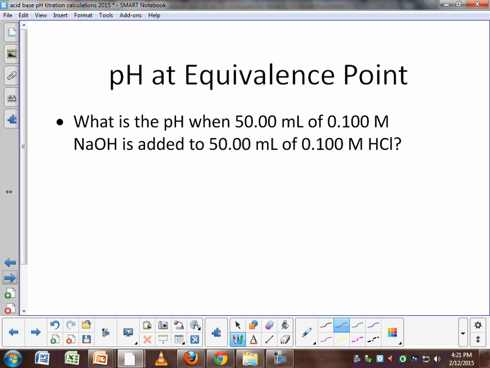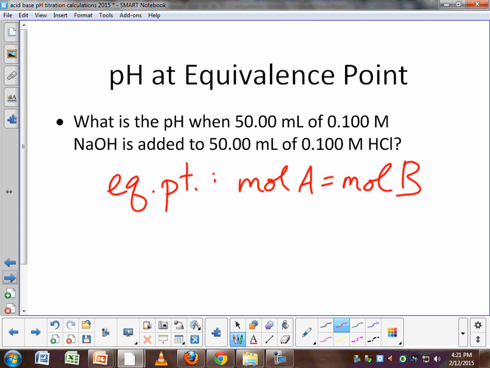Remember, at the equivalence point, your moles acid are equal to your moles base. Hopefully, simply by looking at these numbers, you can tell that we have the same volume and same molarity of both the acid and the base. So if you're plugging those numbers into the molarity formula, you know you're going to get the same value.